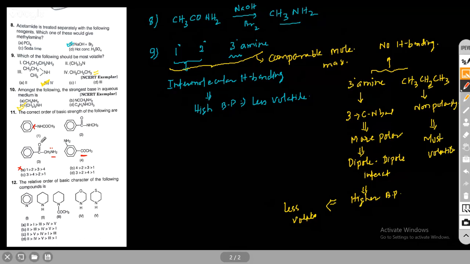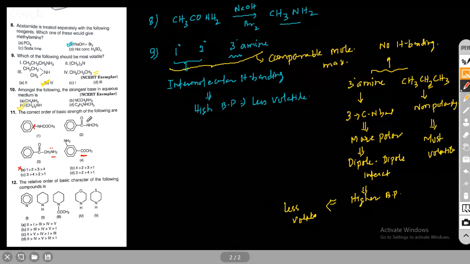No, right? So that's why here we have only electron releasing group that releases the electron, and this lone pair is still available on the nitrogen atom. So obviously this one has maximum electron density, and hence the basicity of the third one is maximum.